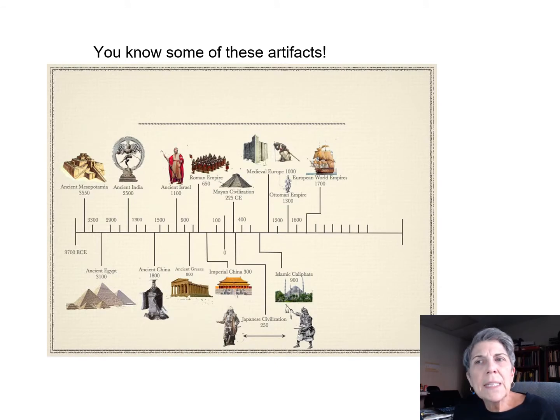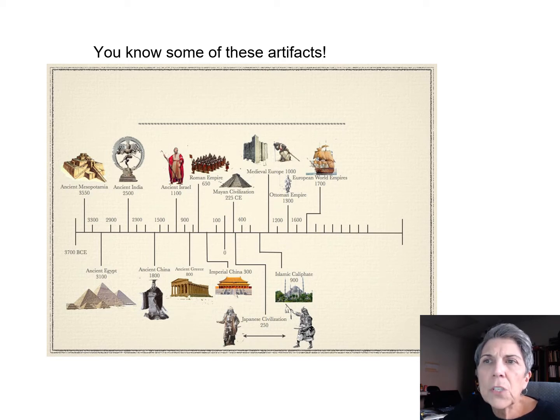First thing I did was put this little diagram up because, as you can see, you know some of these artifacts: there is a ziggurat, there are the pyramids, and we're going here with the Greeks, and Romans are over there. This also includes an early Indian civilization in India, and some Chinese, Japanese.